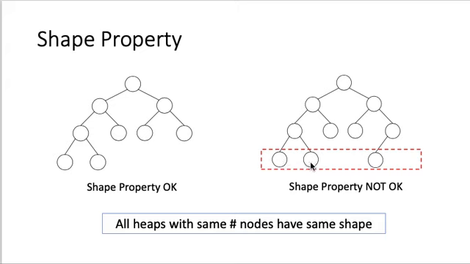So we have a node here, a node here, but if there is another node that is going to appear, it should be the child of this node instead. So this binary tree does not satisfy the shape property. We can also observe that all heaps, if they have the same number of nodes, must have the same shape.